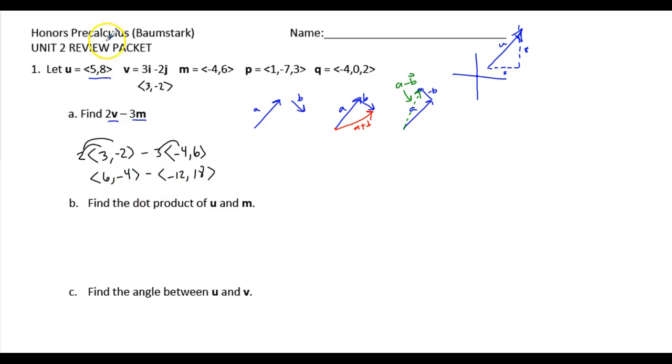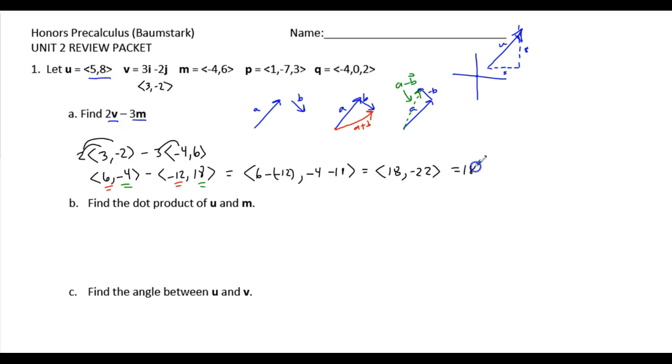Now when we subtract vectors that are in component form, we're just going to go ahead and subtract corresponding components. So here we're going to get 6 minus a negative 12 as the x component, and then when we subtract the corresponding y components, we're going to get negative 4 minus 18, and when I simplify this out, you get the vector 18, negative 22.